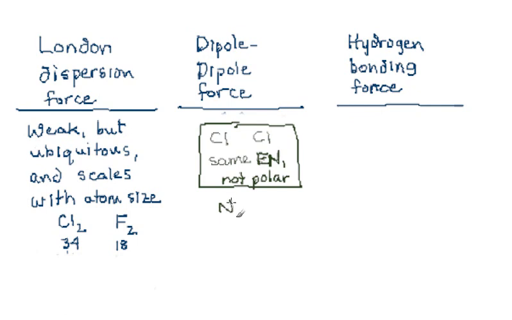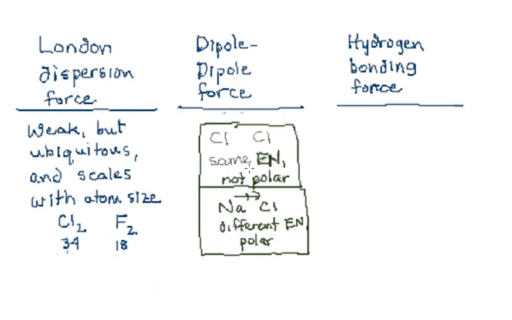Something like sodium chloride, we've seen that is polar because you have a difference in electronegativity. Different electronegativity, polar. But there's one more thing to think about, and that's the overall shape of the molecule and whether it's symmetric or not. Because here's something that can happen.